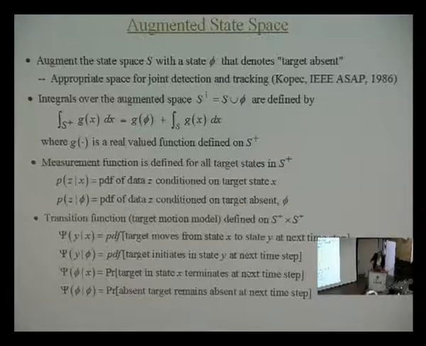Target death would be psi of phi given x. So it's at x, what's the probability it jumps into phi? That is, it jumps off a bridge and dies. That's psi of phi given x. And psi of phi given phi, that's a little more complicated. I like to describe it as just bad karma.